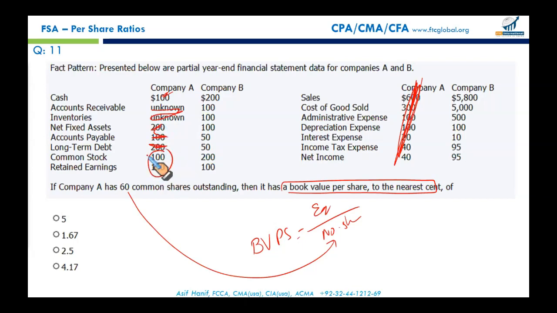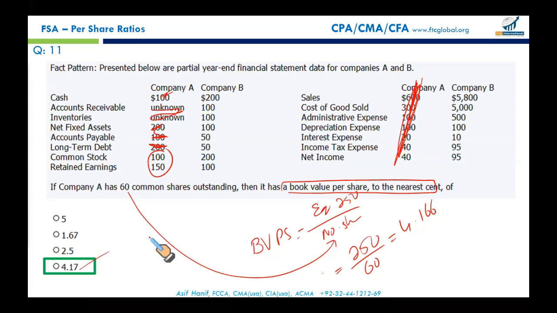Common stock is a part of equity. Retained earning, equity. Other comprehensive income, equity. Any other capital reserve, revenue reserve, capital redemption reserve, equity. So all these are equity. So just two items are given. So the numerator will be 250 and the denominator is 60. 250 by 60, a very straightforward question. 4.166, which is 4.17, D.